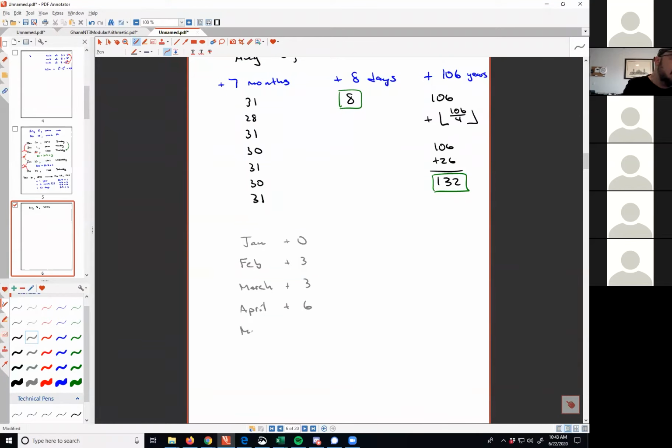Then we add 30, and we get up to 8, but I'm just going to call that 1 because 8 is just one more than a multiple of 7. Yeah. And then there are 31 days in May, so when we get to June, we're adding 3 more to get to 4. June has 30 days, so we add 2 more to get to 6.